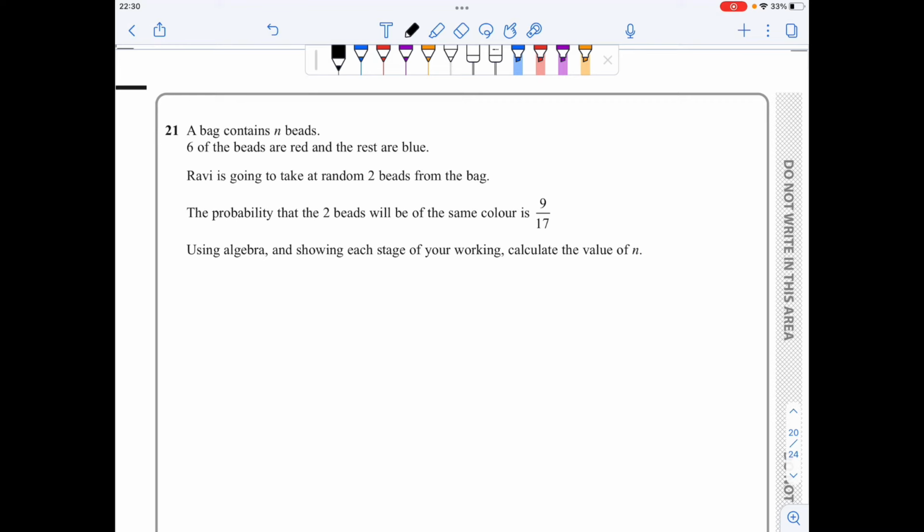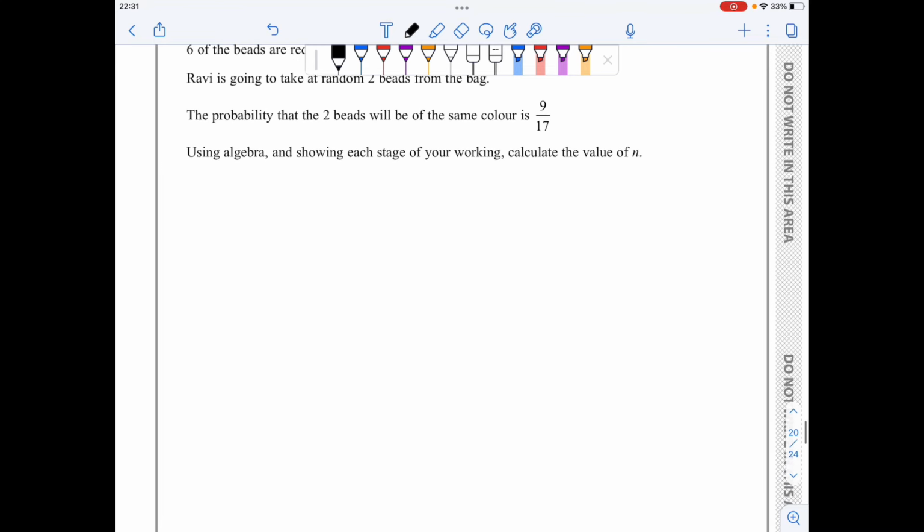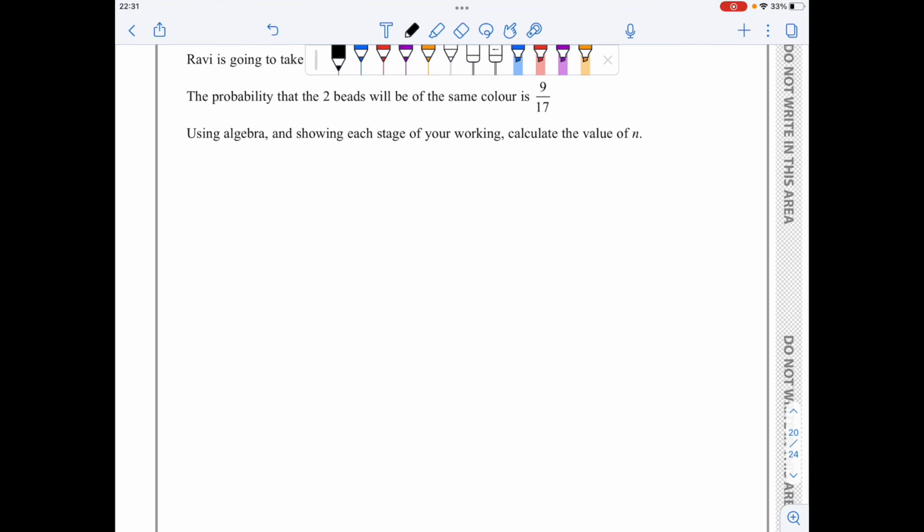For question 21, since there are 6 red, then there are n minus 6 blue, where n is the total number of beads. Now, assume you have a tree diagram, although you have to draw this. I will do it for you to understand. So consider this tree diagram.